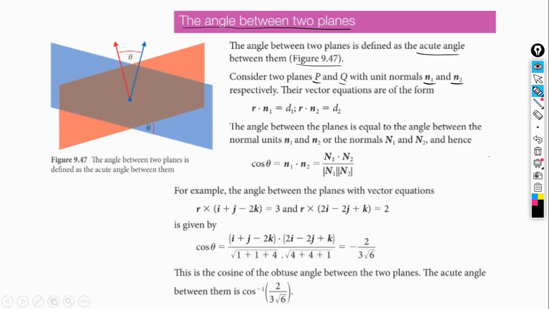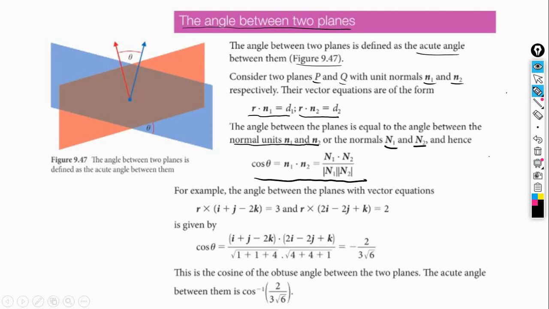Their vector equations are of the form r dot n1 equals d1 and r dot n2 equals d2. The angle between the planes is equal to the angle between the unit normals n1 and n2, or the normals capitalized N1 and N2, and hence we reach this formula, which is just the formula for the angle between two lines.